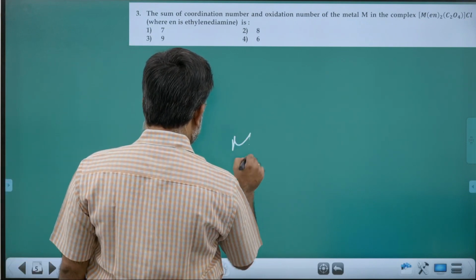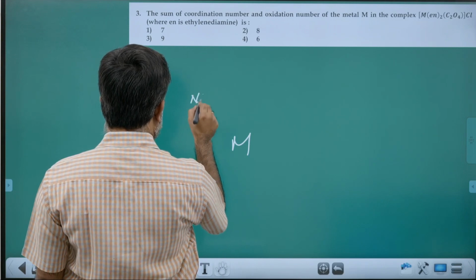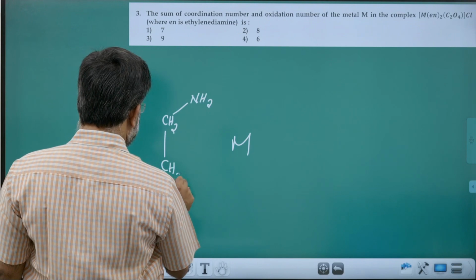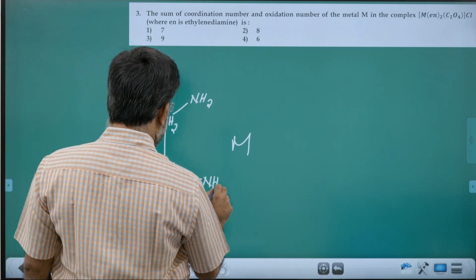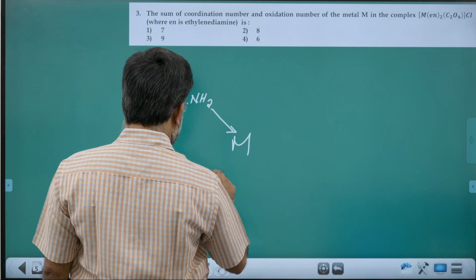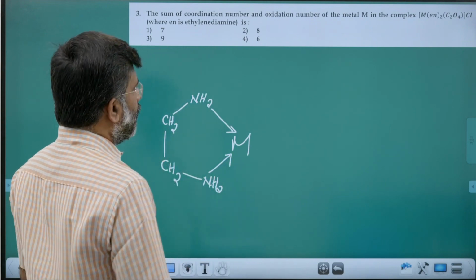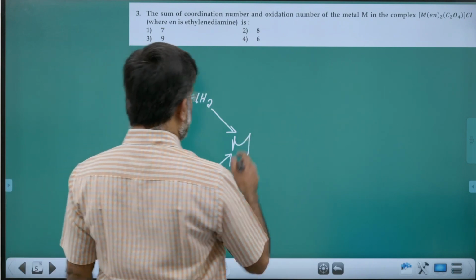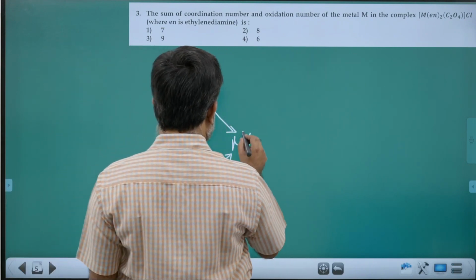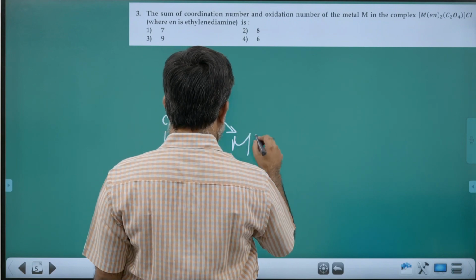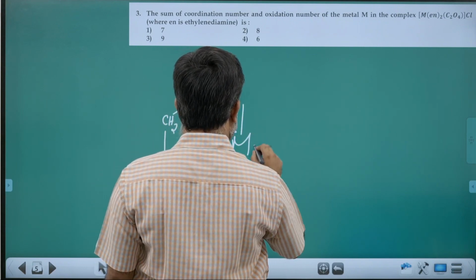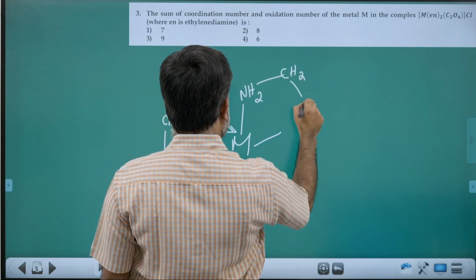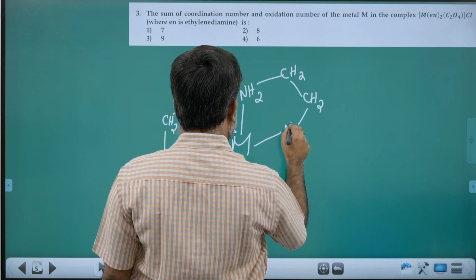It is M with ethylenediamine, NH2, CH2, CH2, NH2. So it is making a bonding like this, right? Similarly, there are two en. So second en may be coming like this. You see that? This is second en, ethylenediamine.